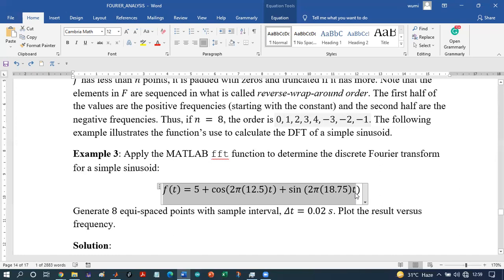So you calculate this. For f of 1, like I said, you are starting from 0.